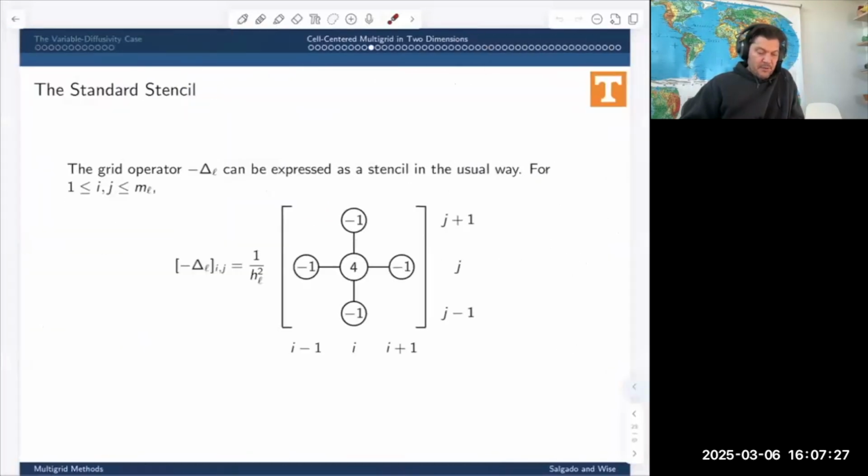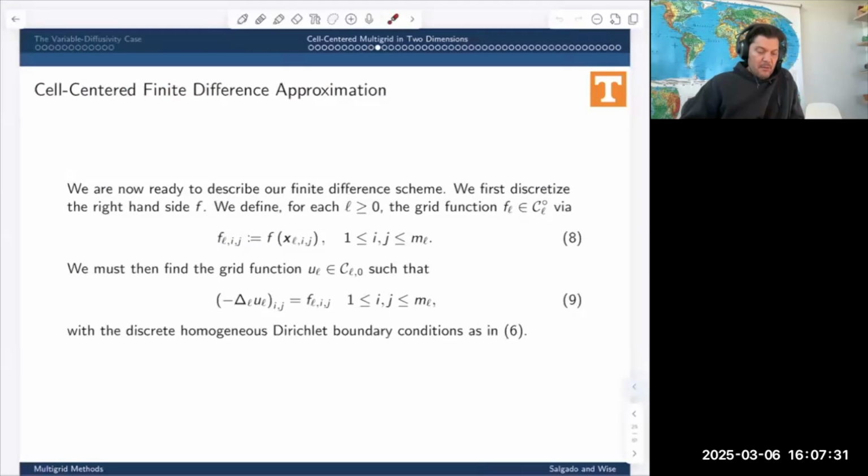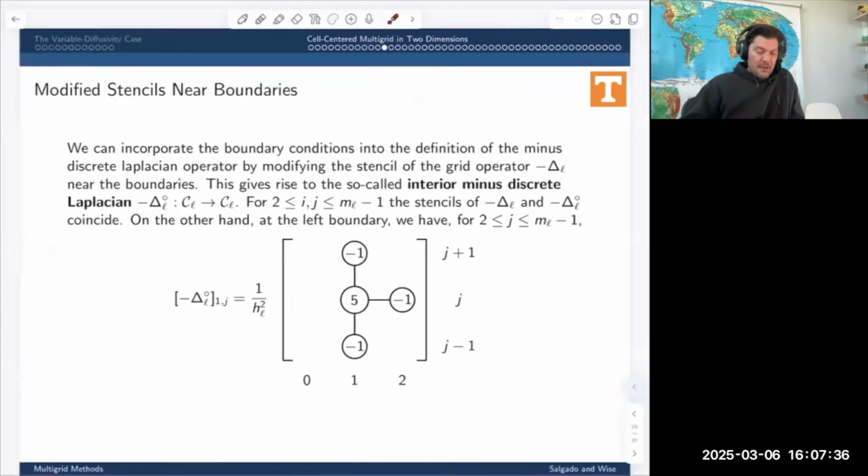So we talked about the standard stencil. We also talked about modifying that operator near the boundaries. And if we modify the operator to include boundary conditions, we're going to use this symbol, superscript circ. That means the boundary conditions are taken inside.